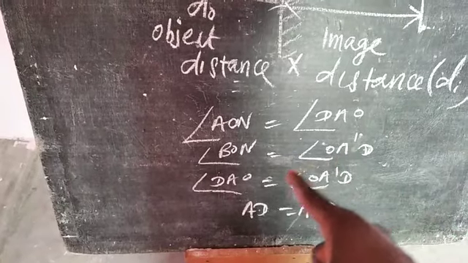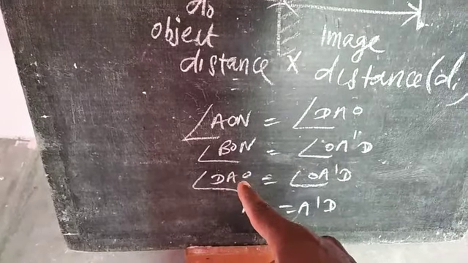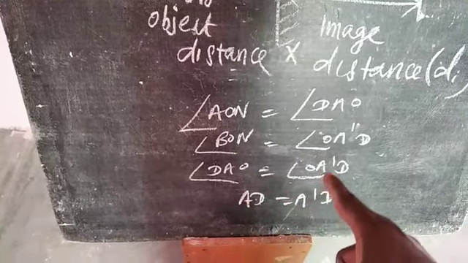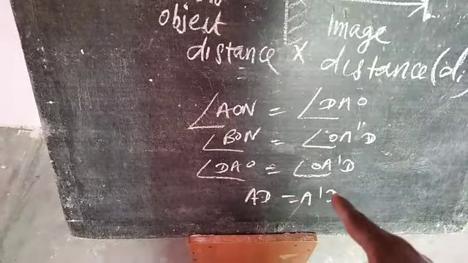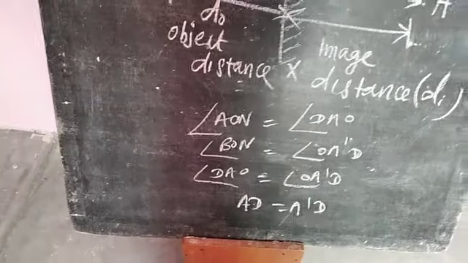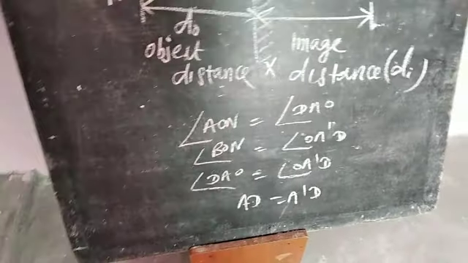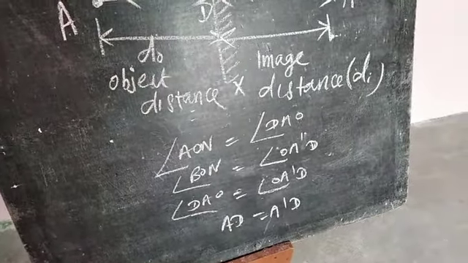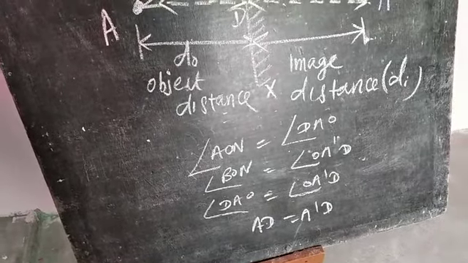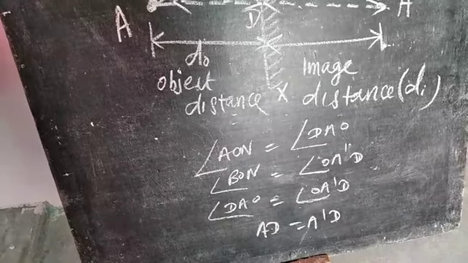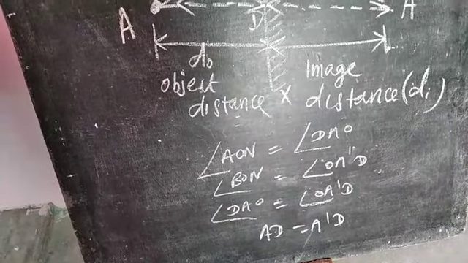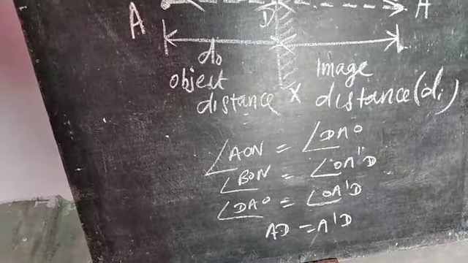So finally, angle DAO equal to angle OA prime D. So AD equal to A prime D. So finally the image distance DI inside the plane mirror is equal to the object distance DO in front of the plane mirror.